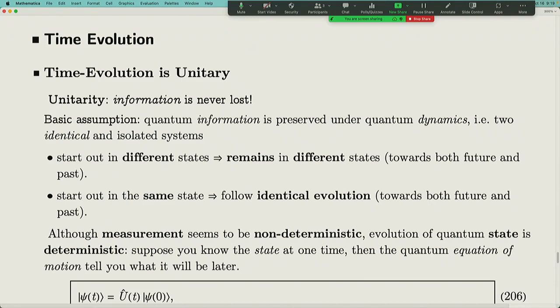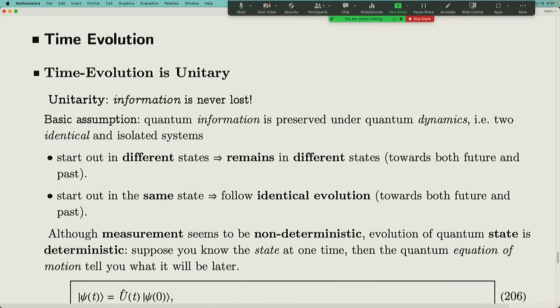Why we want to talk about unitary operators is because time evolution is unitary. What does that mean? Well, that's actually a very fundamental assumption. Unitarity basically implies that information is never lost in quantum dynamics. There's a basic assumption about quantum dynamics, that is, quantum information is preserved under quantum dynamics.